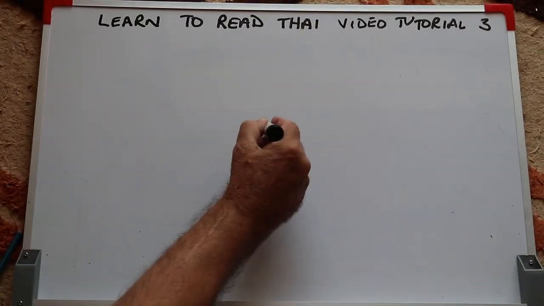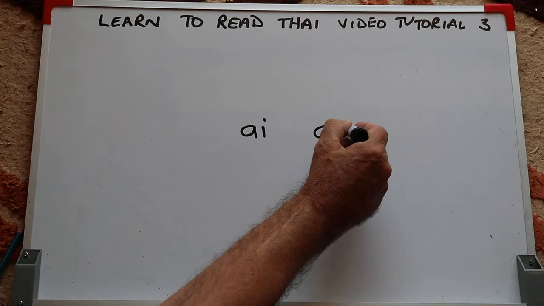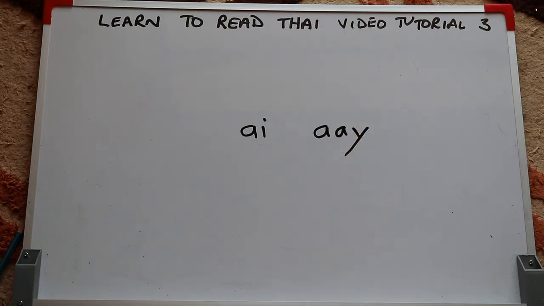As I said in a previous tutorial, when talking about Thai vowels, there's normally a short and a long version. And just as there is a short I sound in Thai, there's also a long I sound. And as usual, the transliteration system doesn't differentiate.